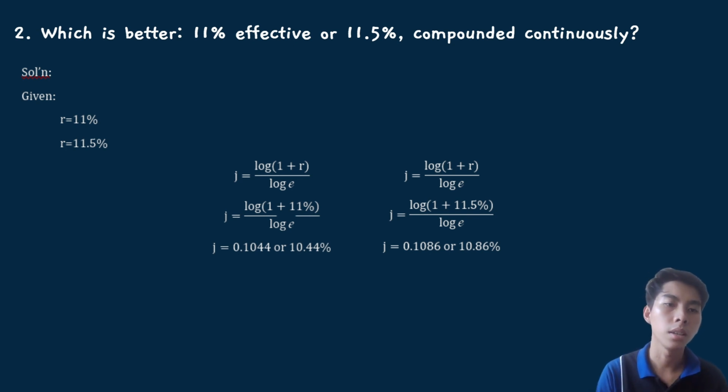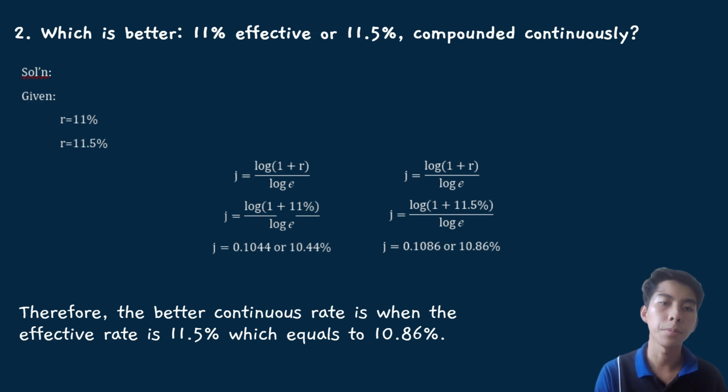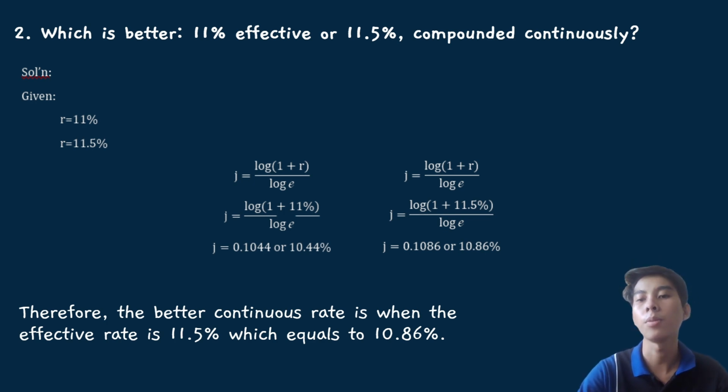As you can see, when the effective rate is 11.5%, it results in a higher nominal rate. Therefore, the better continuous rate is when the effective rate is 11.5%, which equals 10.86%. That is how to solve for the continuous nominal and effective interest rate.